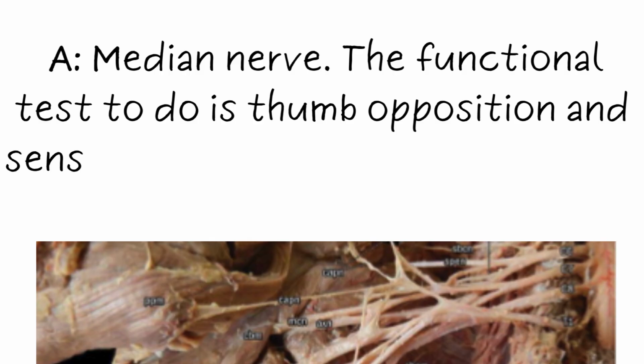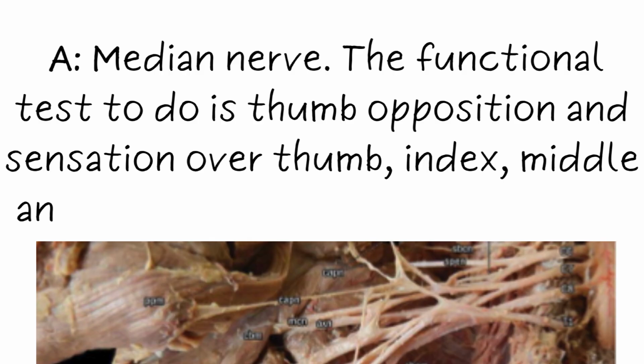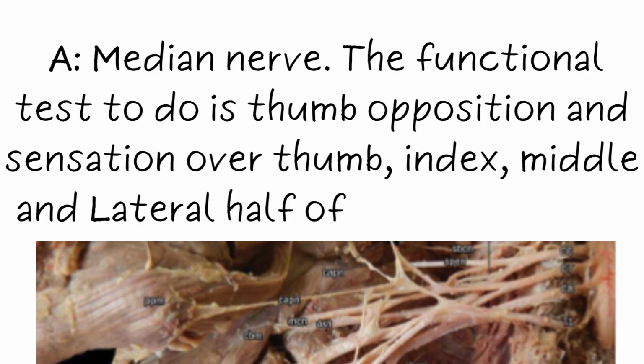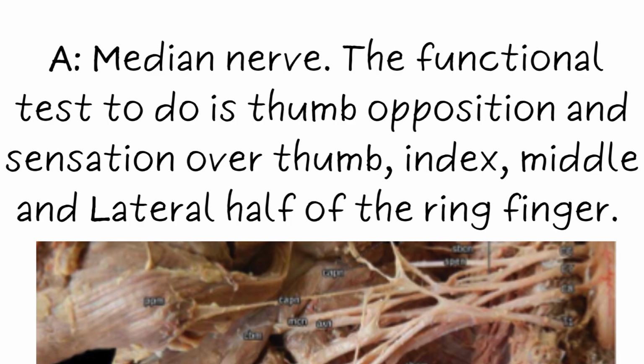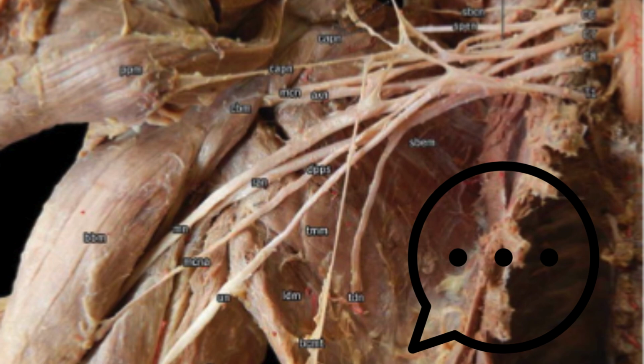The functional test to carry out is thumb opposition and also sensation over the thumb, index, middle, and lateral half of the ring finger. Have you seen? Harvard loves to combine sensory and motor testing in just one question.